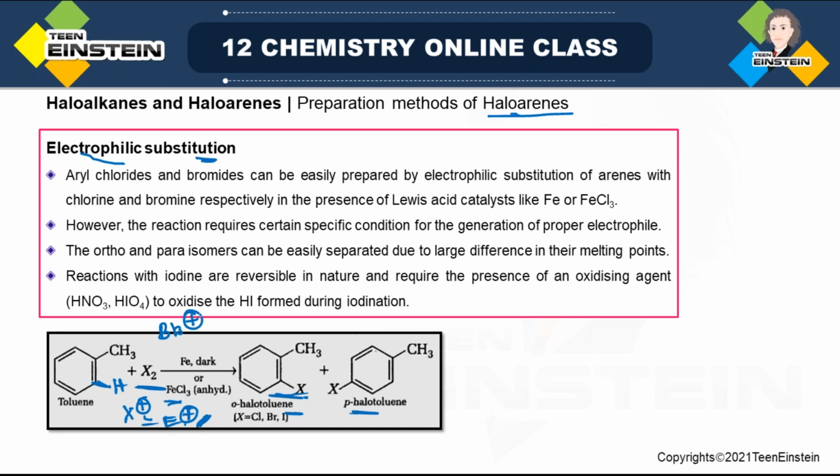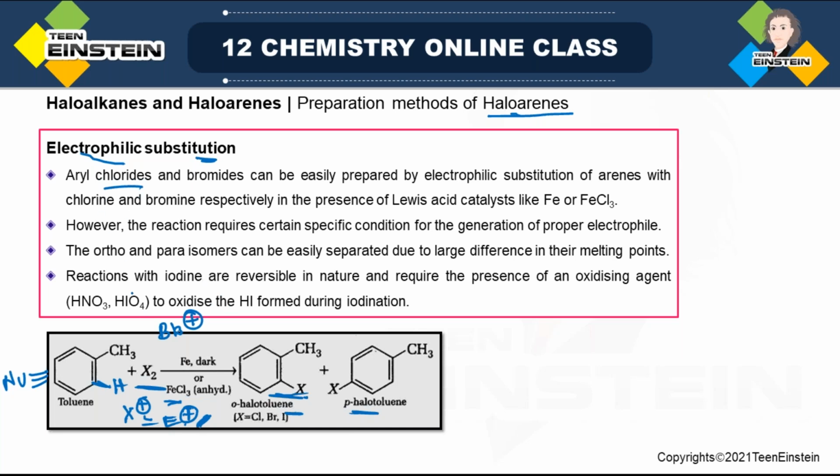So this electrophile is involved in the reaction, and the benzene ring, it is electron rich species, so it is actually acting as nucleophile. So the attack of nucleophile, which is electron rich species, that will take place over electrophile, which is Br plus. Now by this method you can easily prepare aryl chloride or bromide.